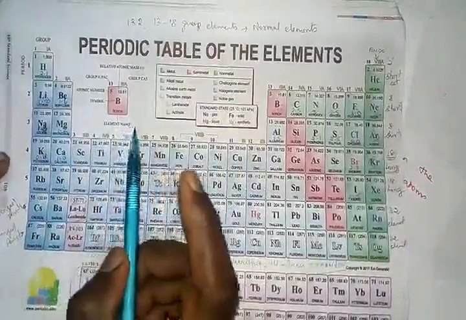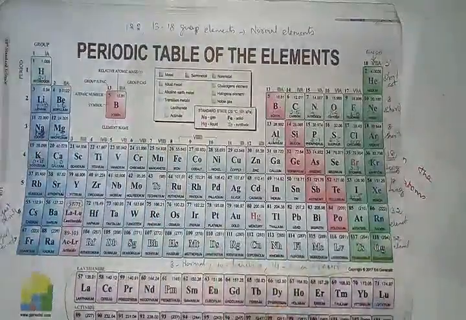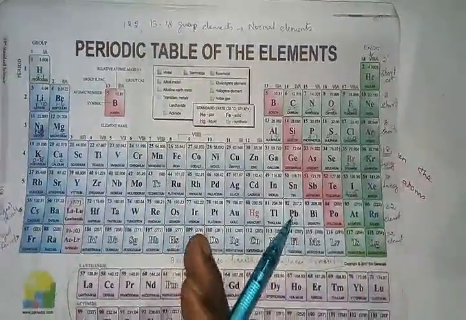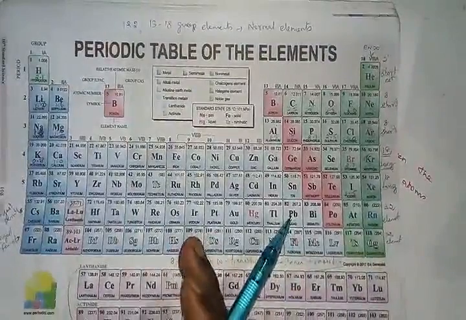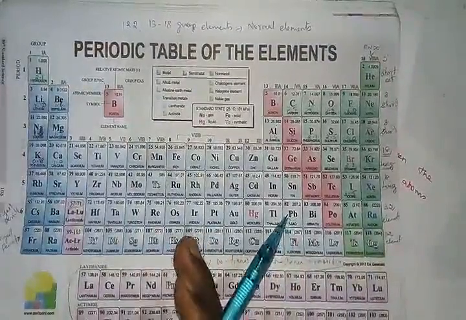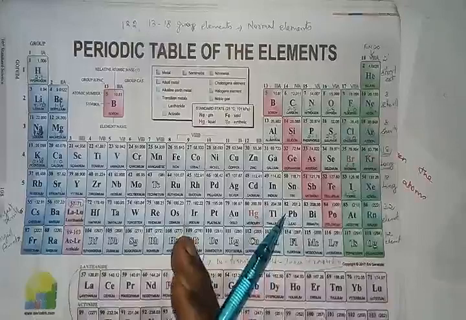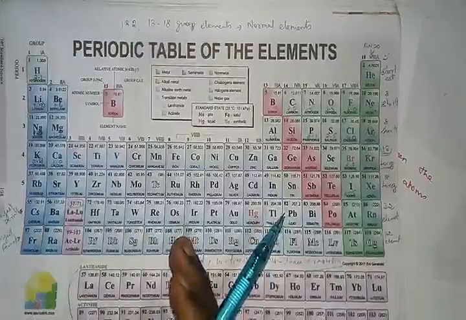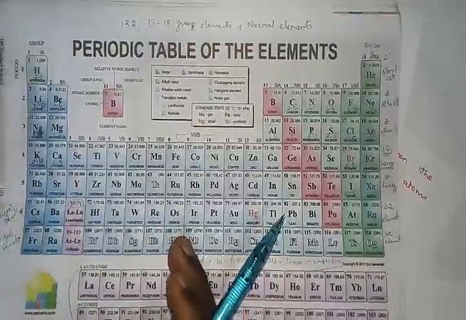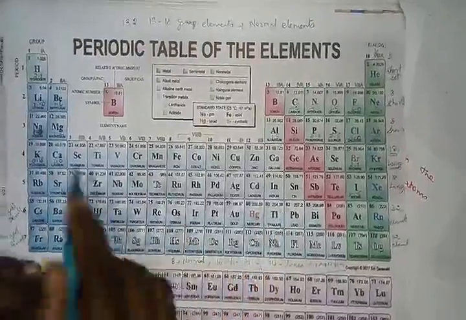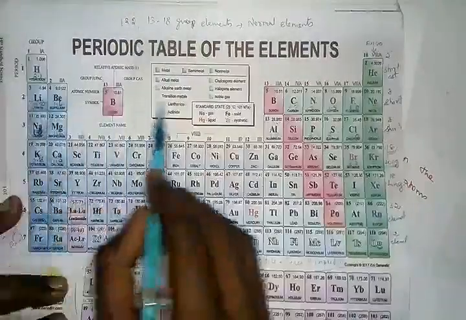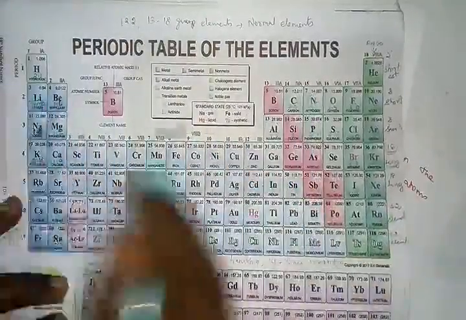That means the size of the atom decreases because the protons present in the nucleus strongly attract the outer electrons. So that's the main reason the size decreases when you go along the period.